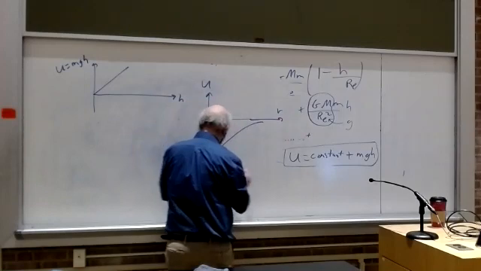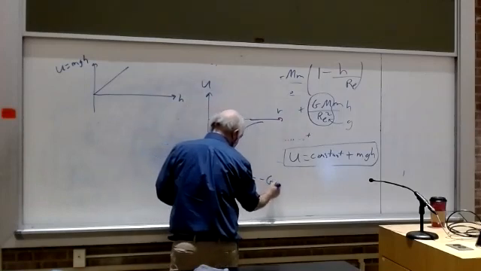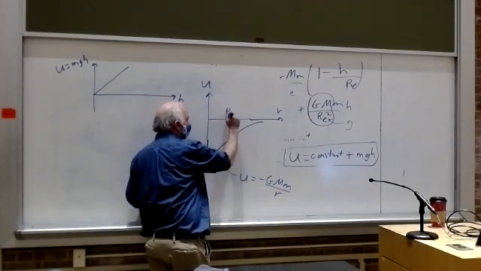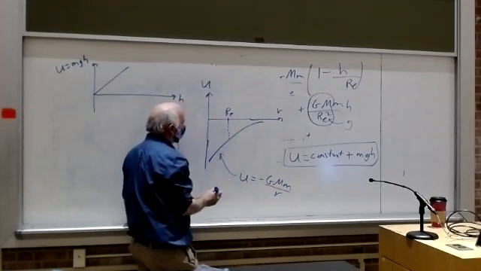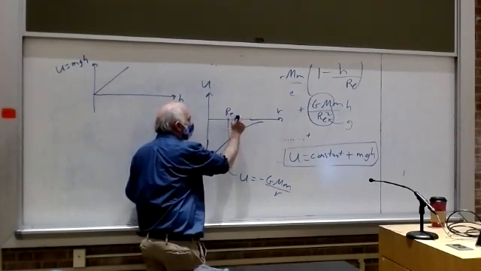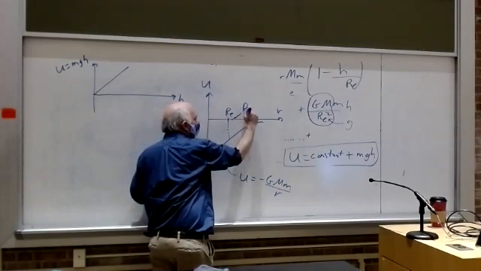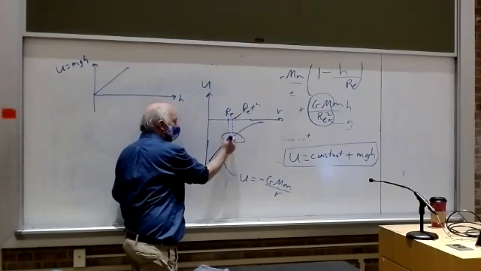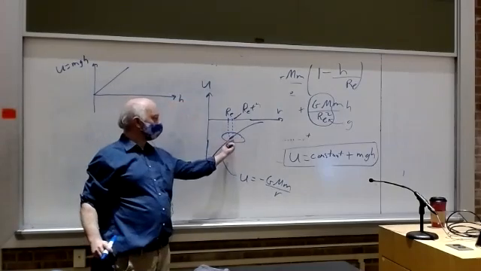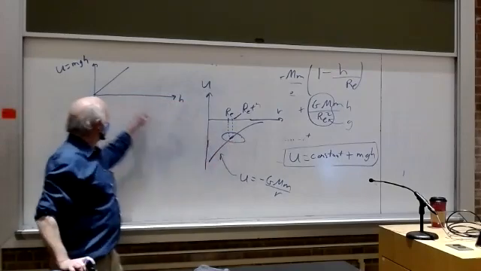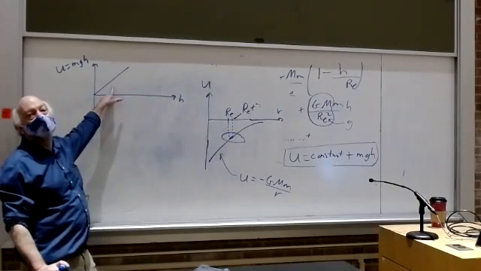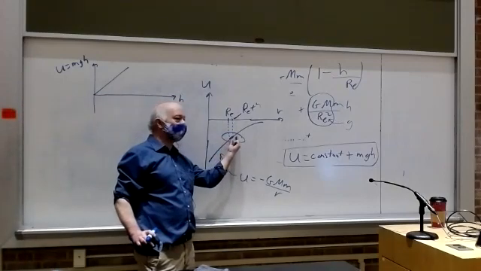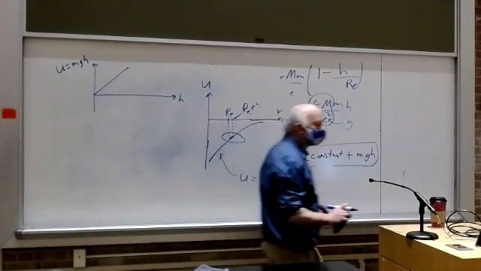This is what this graph looks like. Let's say here's the radius of the Earth, like that. So this right here is an h. This value here is the radius of the Earth plus h. What can you say about that little tiny piece here? What does that look like? It looks exactly like a straight line. So all you're doing here is concentrating on a tiny little section of that graph, and that's a straight line there. Very subtle.